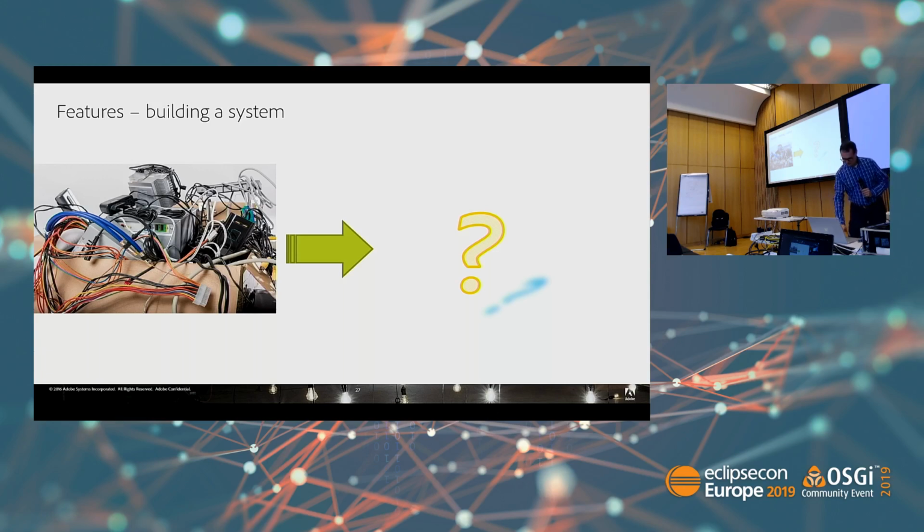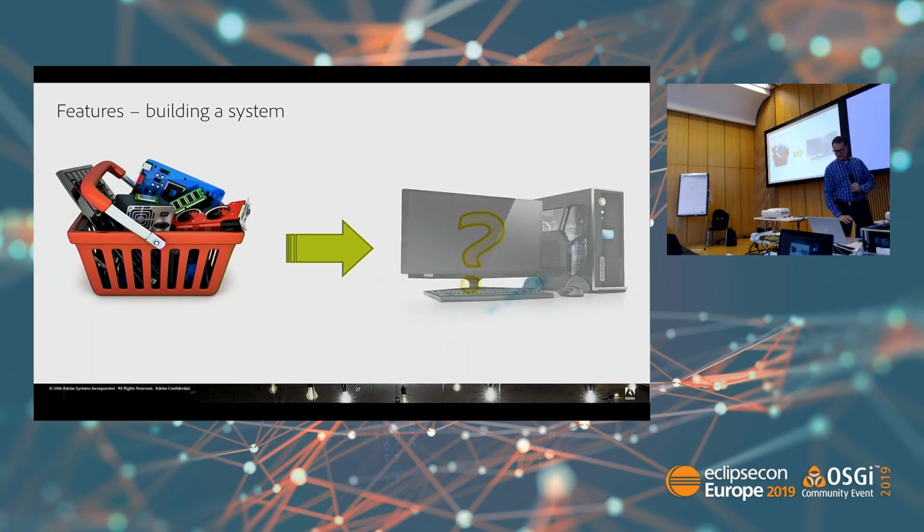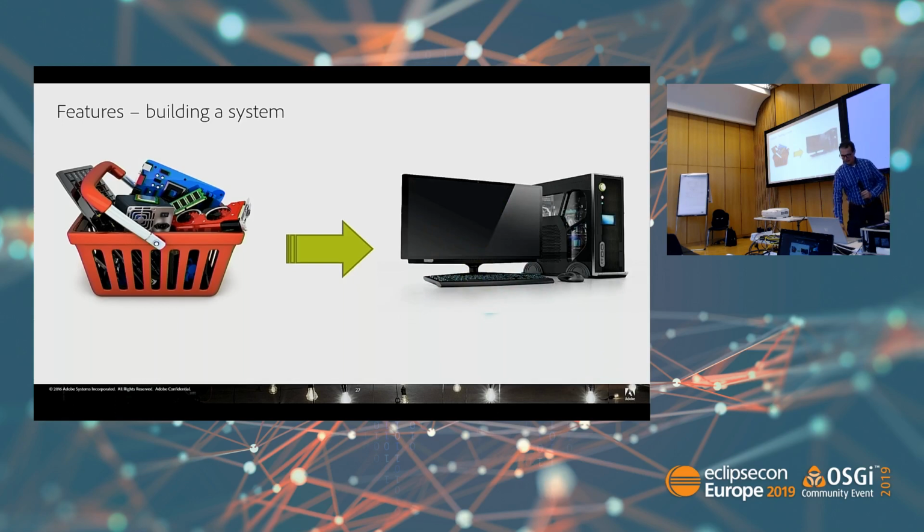Feature models, or OSGi features, are aimed at changing these fine-grained components into more chunky ones, and then with the chunky ones, building a big system becomes easy. So that's the whole idea there. If you're more interested, there are details to be found in our previous talk, or otherwise just go to the RFC itself and read up on it there.